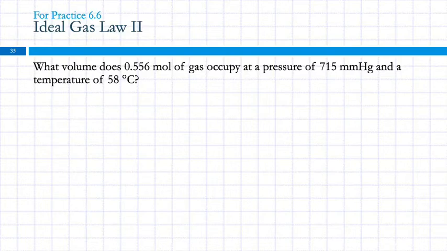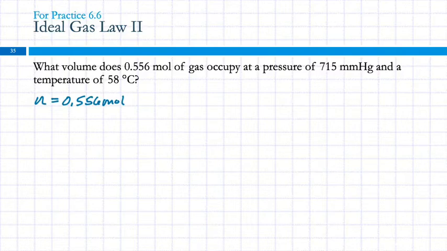So another way to do these problems without making a table is to just take the values and list them and label them. So the first number that I come to is 0.556 moles. So I have the variables P, V, n, and T. What belongs with moles? n. So this is n.